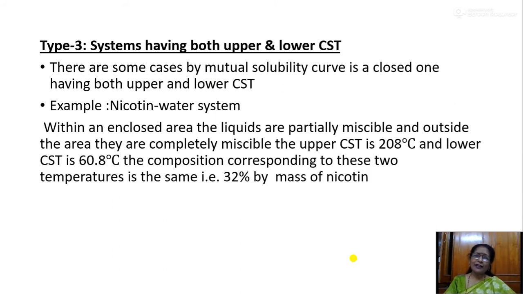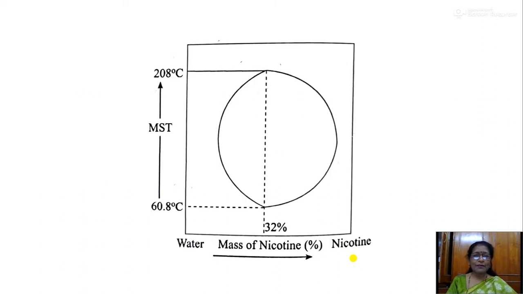Now there is another type of solution which has both upper and lower CST. It is very interesting. Some solutions have a lower CST as well as an upper CST. Let us see what that is. There are some cases where the mutual solubility curve is a closed one, having both upper and lower CST. Example, the nicotine water system. Here I will show the example.